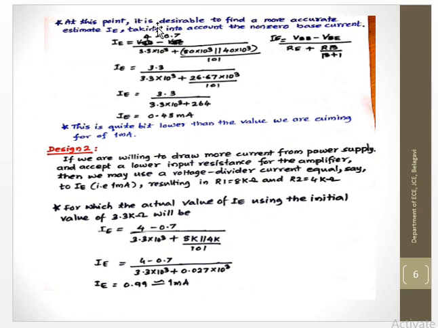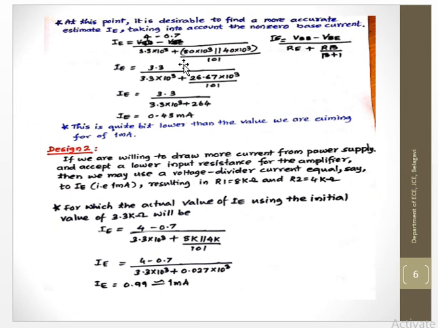At this point, it is desirable to find the current. If you select R1 and R2 as 80 kilo ohm and 40 kilo ohm, with the given data VBB minus VBE, VBB is 4 volt, VBE is 0.7, so you will get 3.3. The RE value is 3.3 kilo ohm.